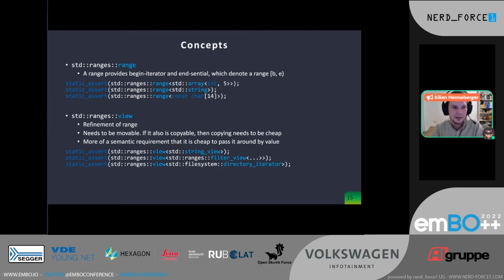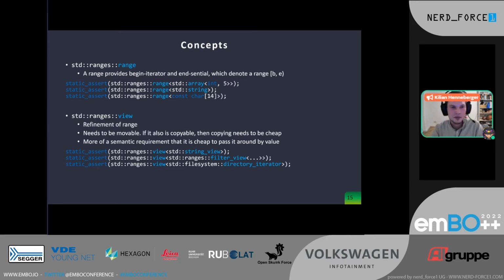And what a view is also got changed in October, I think. There was a defect report that got voted in with the title, What is a View? So the standard also just got that clear a few months ago.